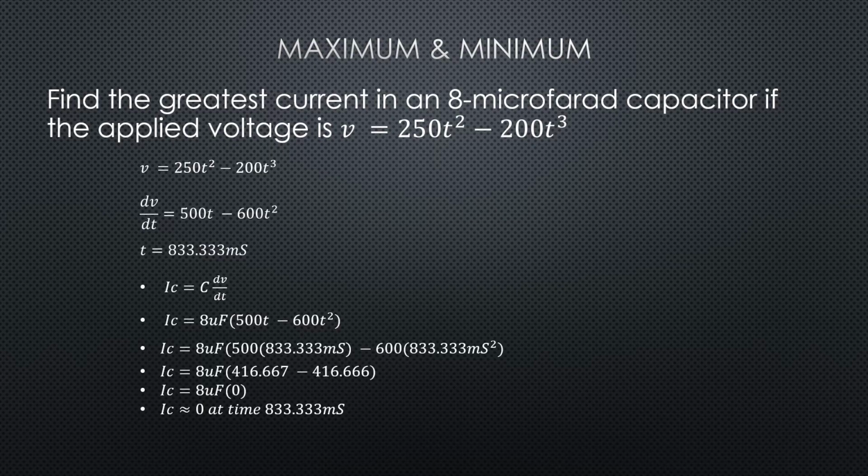And that makes sense because as a capacitor approaches full charge, that full voltage, the current should be going down. And so that is represented here in this question. So when we solve for the max voltage, we ended up solving for the actual minimum current, or the time it would take to reach full charge.